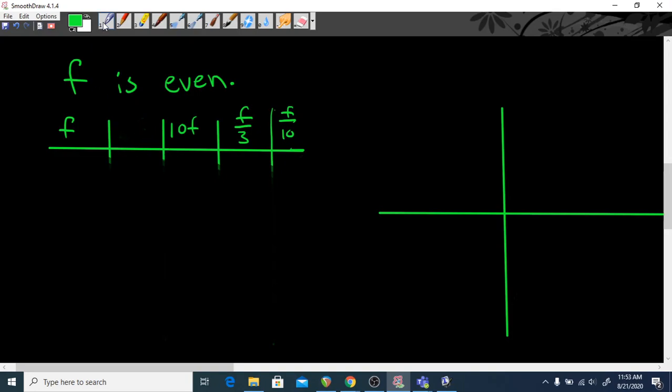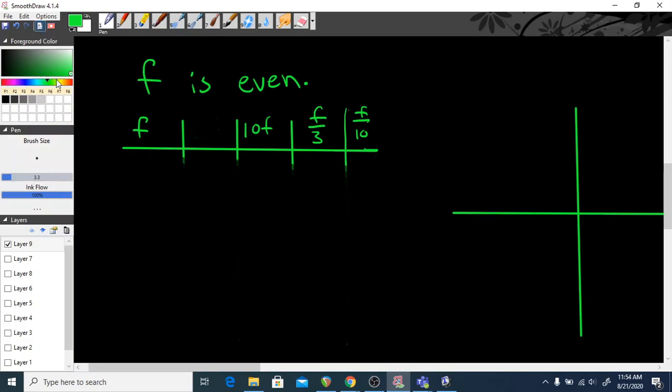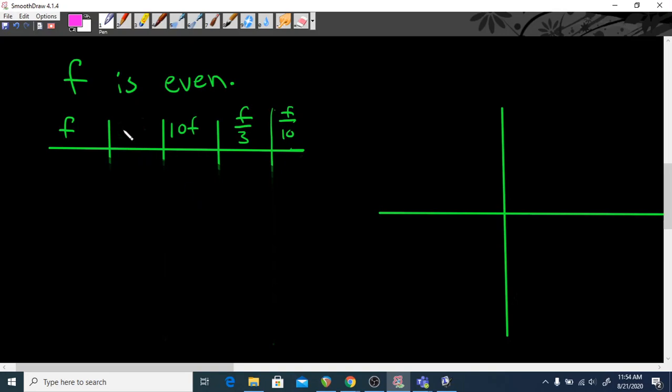So I'm going to keep F green. And then 2F, we can do like this.